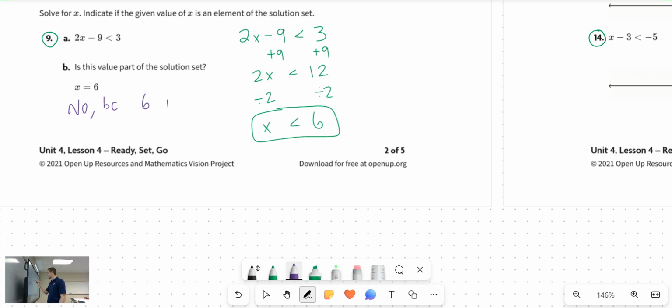So basically x has to be less than 6. If x is equal to 6, then it's not less than 6, because there is not the little bar underneath the inequality. That would mean less than or equal to. So if it's equal to 6, then it is not less than 6.